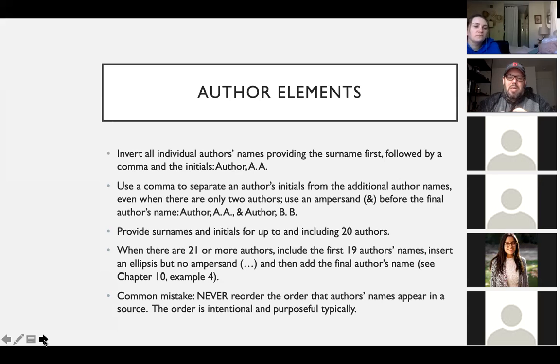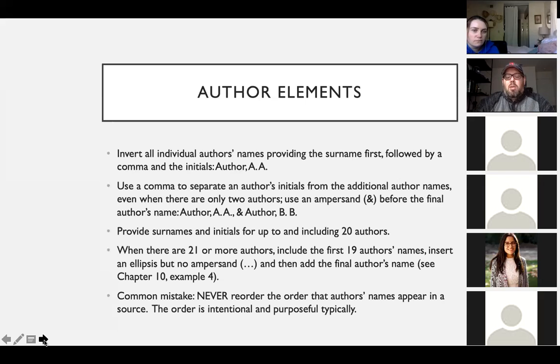You use a comma to separate an author's initials from the additional authors' names. So even when there's only two authors, you do have to use the ampersand before the final author's name. So you do need to make sure that if you have the and sign, there's a comma before that in your list.